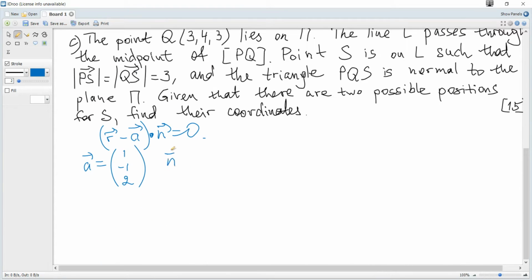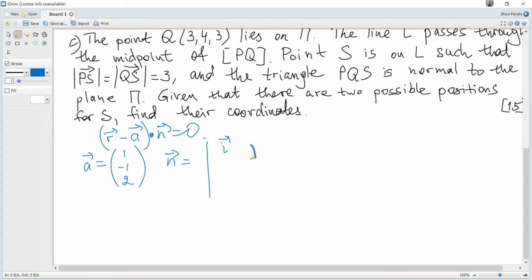And what is the normal? The normal can be found as the cross product of two direction vectors, because since two lines lie in a plane, we know that the cross product is a vector which is perpendicular to the plane in which these two vectors lie. You can use the formula directly from the data booklet.